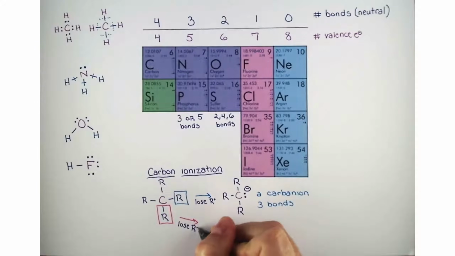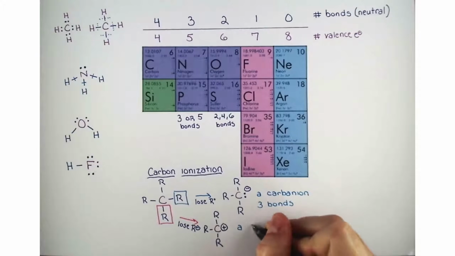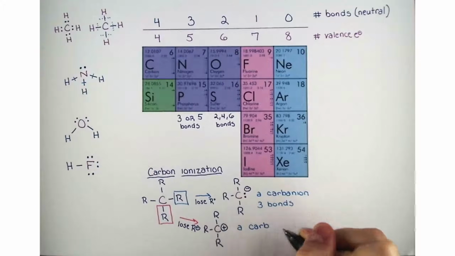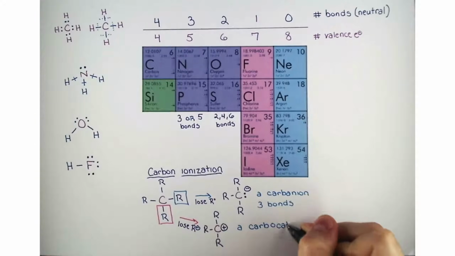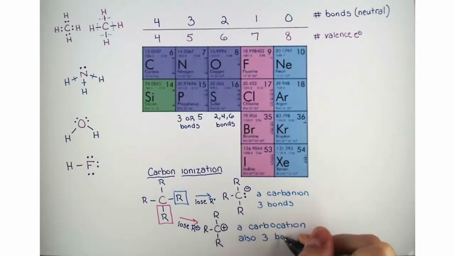Carbon now has just 3 valence electrons. It wants to have 4, so it's missing 1 negative charge, and it takes on a formal positive charge itself. This species is called a carbocation, and it also has 3 bonds. So you can see why our formal charge trick doesn't quite work with carbon.